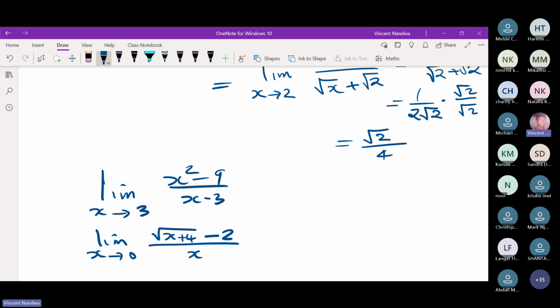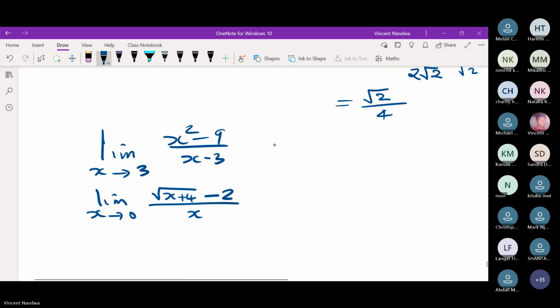Try to solve these 3 limits. Once you get the answer, you unmute and tell us the actual value and the method we have used.